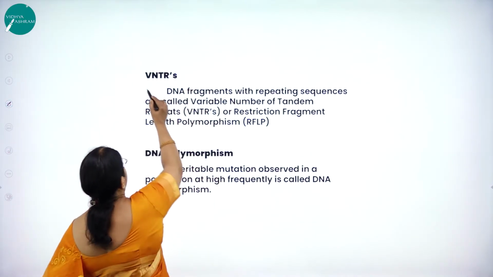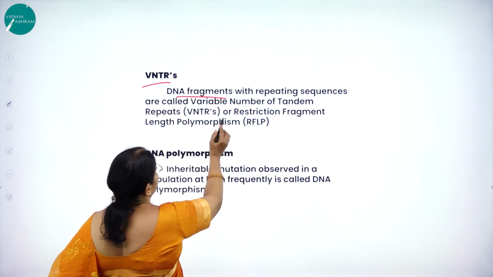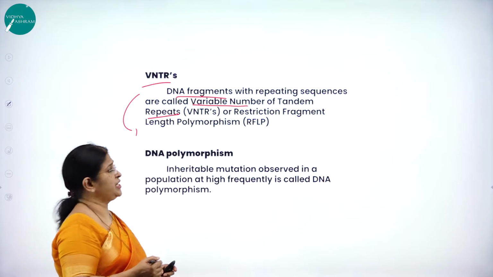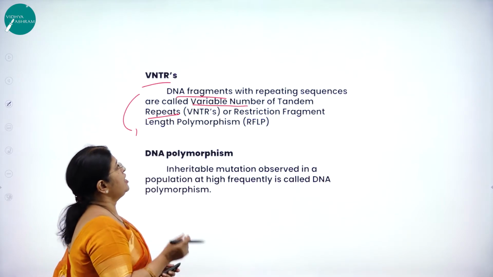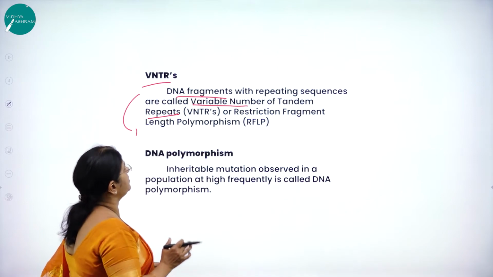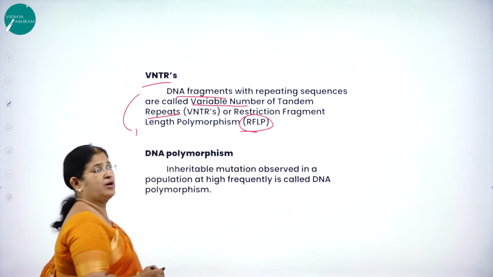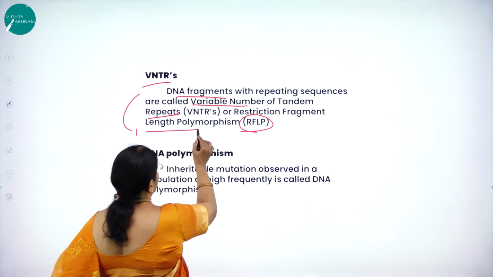Now, VNTRs. These are DNA fragments, that is, variable number of tandem repeats. This is usually asked as a 1 mark question also. So expand VNTR. What is VNTR? Variable number of tandem repeats. It is also called RFLP, that is, restriction fragment length polymorphism.